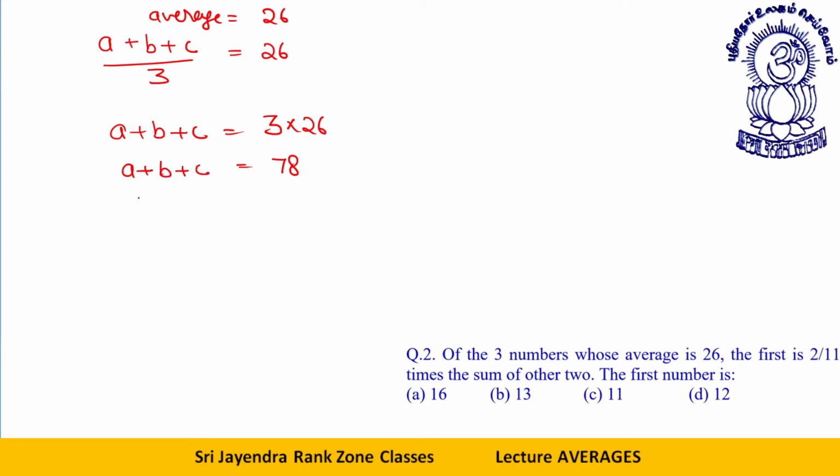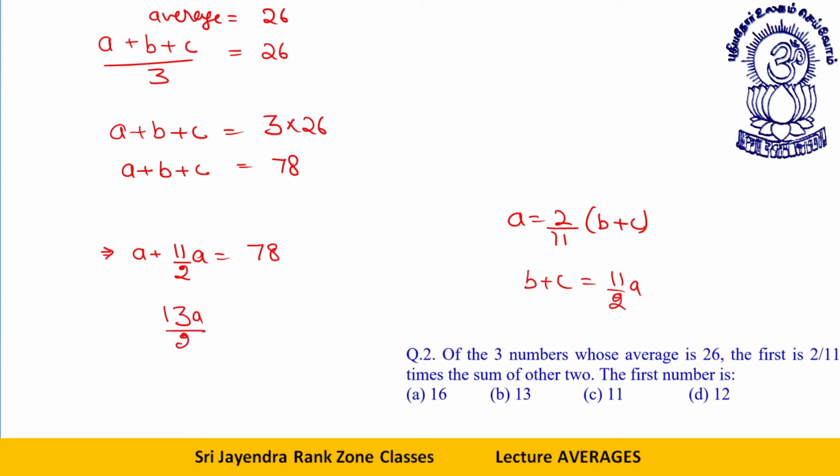This is done. The first is 2 by 11 times the sum of other two. That way I can say A is equal to 2 by 11 times. Now I can easily say B plus C is equal to 11 by 2 A. This implies A plus 11 by 2 A is equal to 78, or I can say 13 by 2 A is equal to 78.